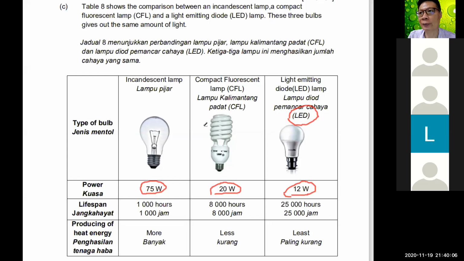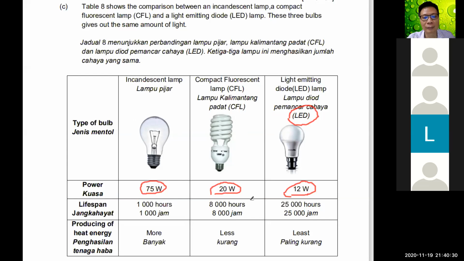Before LED, we had fluorescent lamp. Fluorescent means you switch on, you have to wait 1-2 seconds, then it lights up. Bulb is different. The bulb's light color is yellow. This one is like daylight.